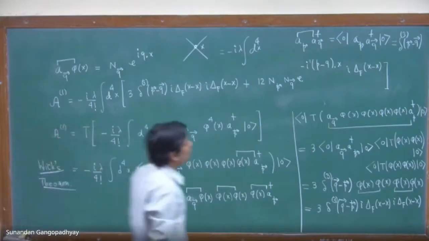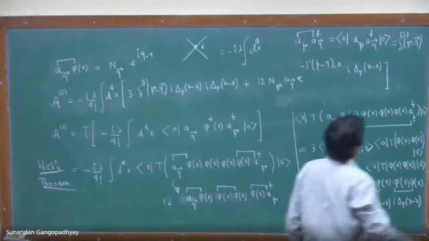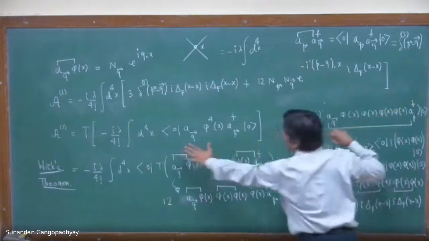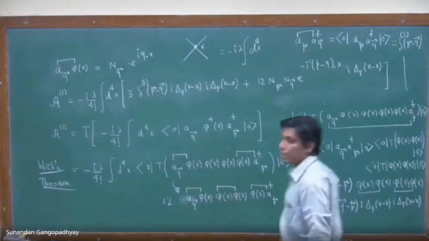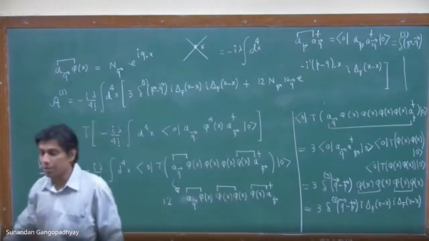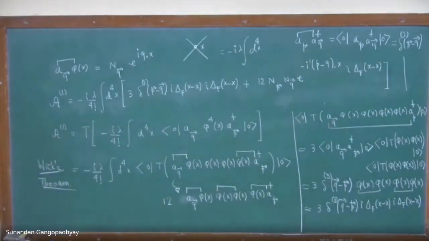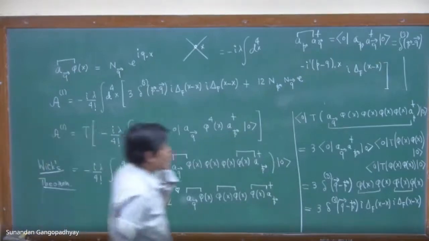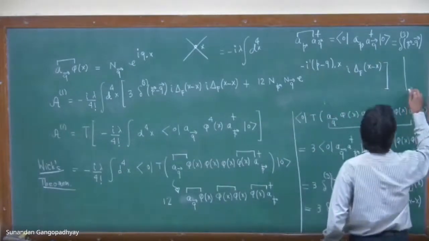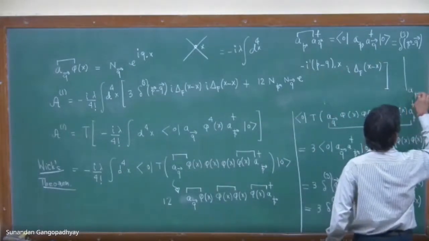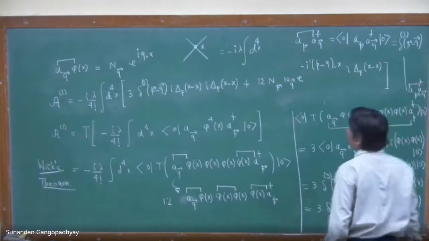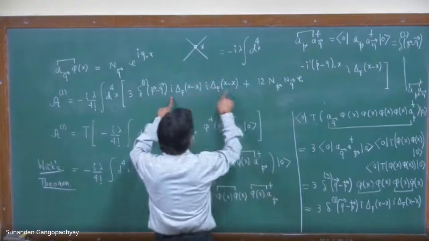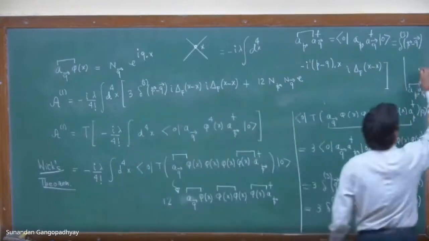So you can draw this term the following way. The particle is just coming and going. There is nothing very interesting that is happening. So this line gives you the contraction of A P, A dagger Q. This is the vacuum expectation value, and then you have this I delta x minus x.